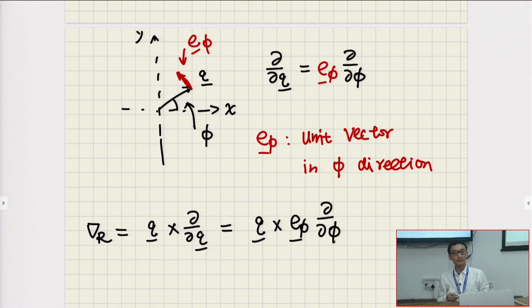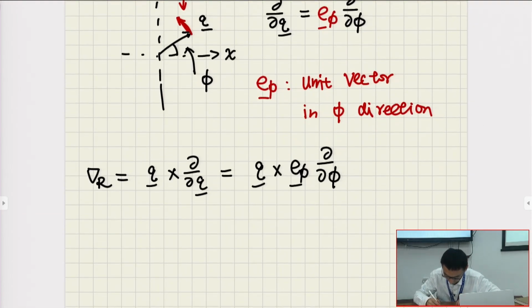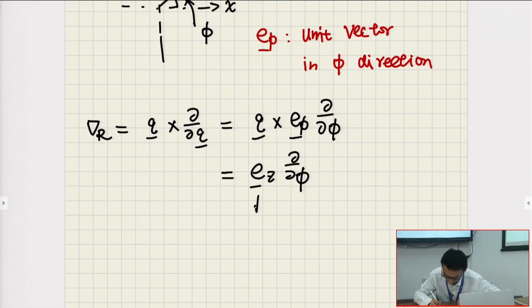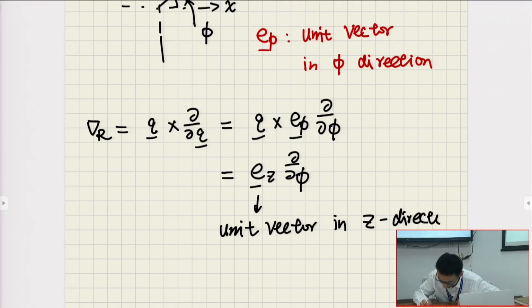What is q cross e phi? That's in the third direction, so let's call that the z direction. So this becomes Ez, the unit vector in the z direction. Does that make sense? Any questions, comments on this?